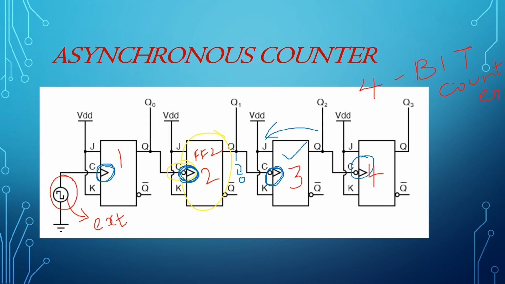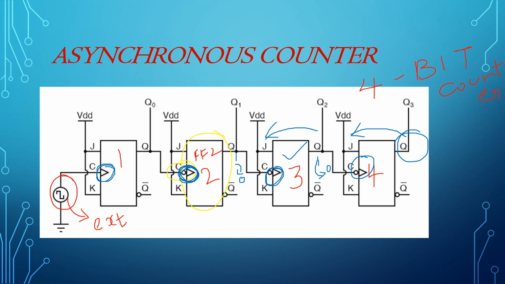And then this is also a negative edge flip flop. Whenever the previous, that means the third flip flop output changes from 1 to 0, then only the fourth flip flop output depends on the input. Here, the input is VDD, that means 1 and 1.